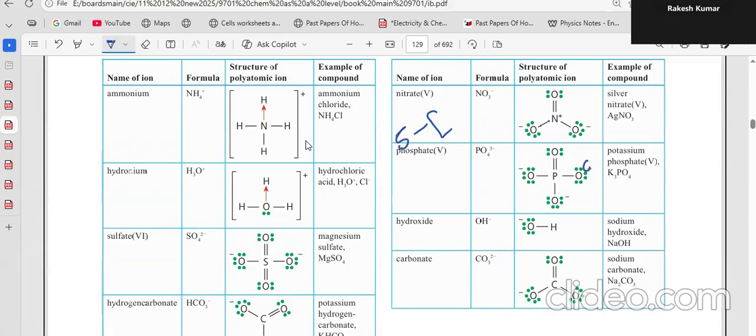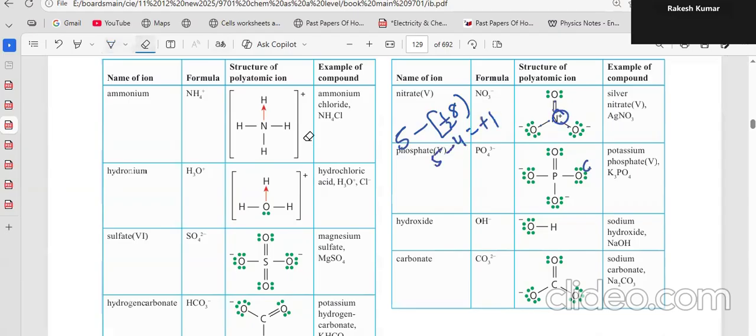There are 4 bonds, so 8, half of 8 is 4. So 5 minus 4, that's why it's got plus 1. So this will tell you, even in mechanisms in organic chemistry, why oxygen has a minus charge, which you can calculate by this formal charge.